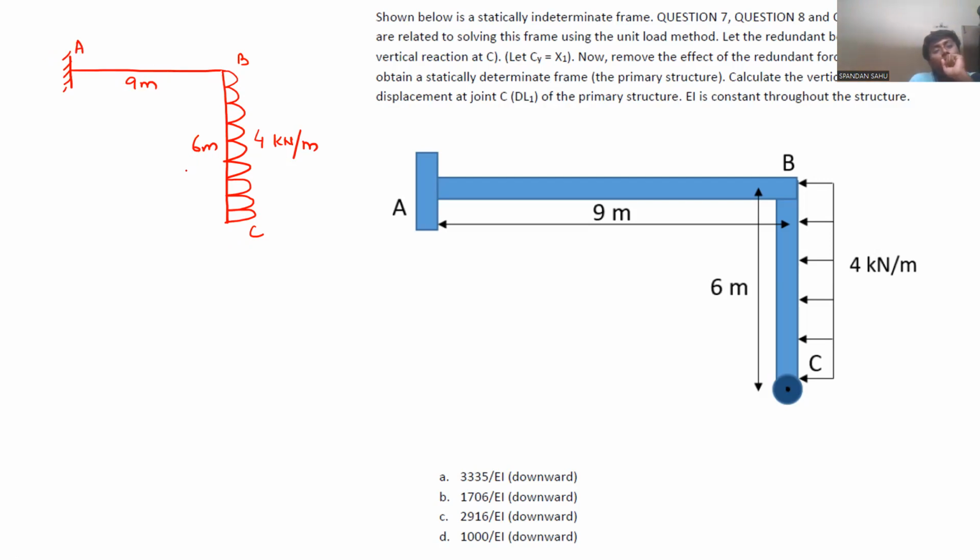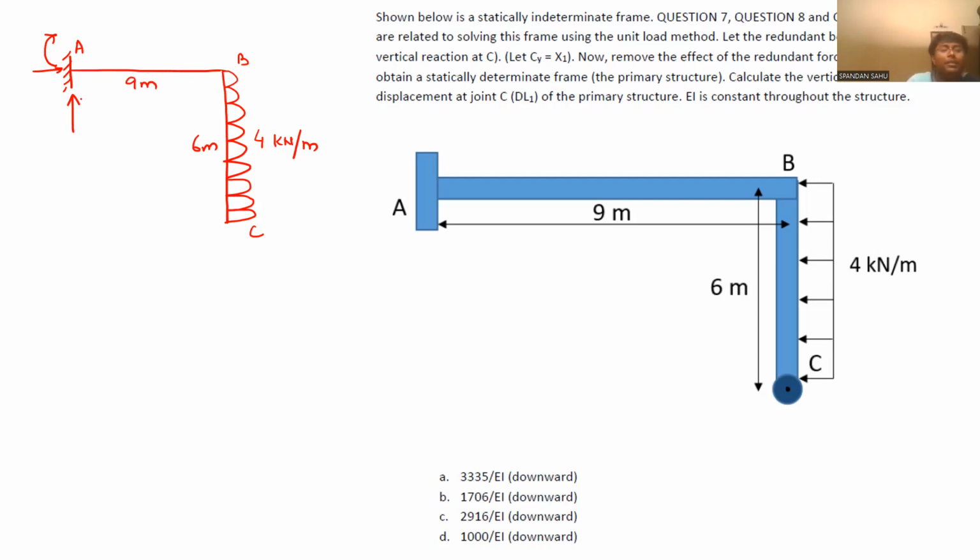Now this structure is statically determinate, correct? Then can you tell me this reaction, and the moment? Horizontal reaction would be 24 kilonewton.